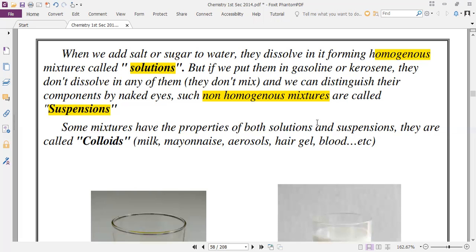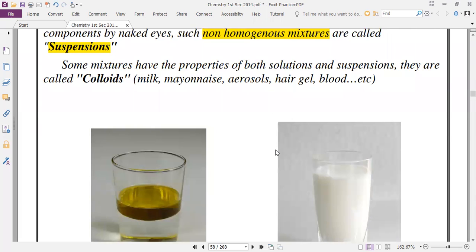Some mixtures have the properties of both solutions and suspensions. They are called colloids: milk, mayonnaise, aerosols, hair gel, blood.